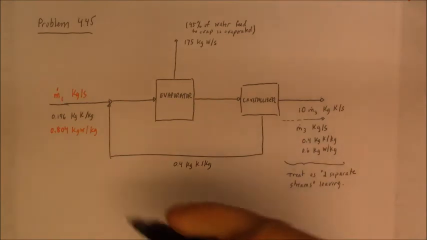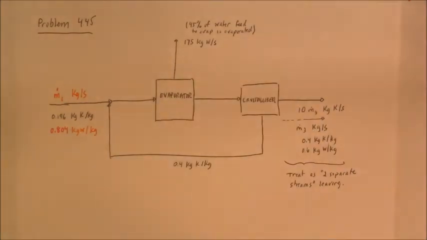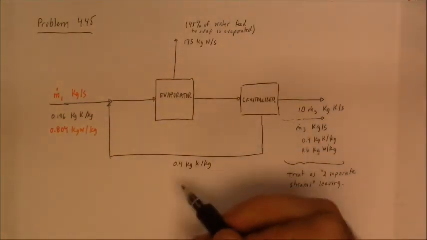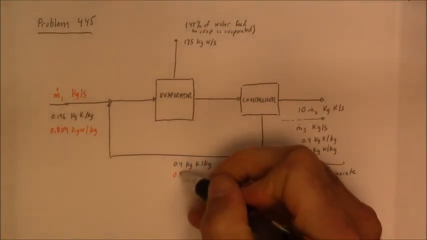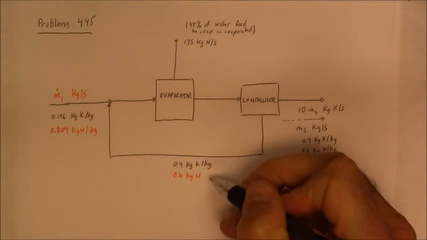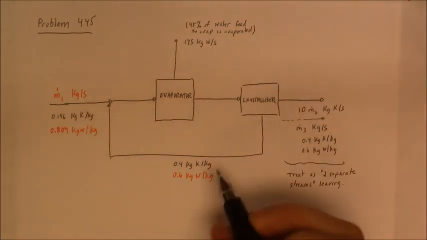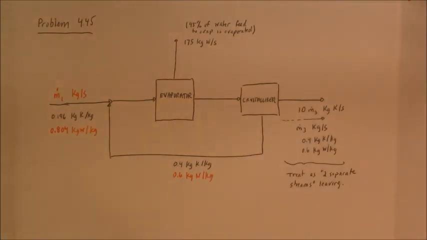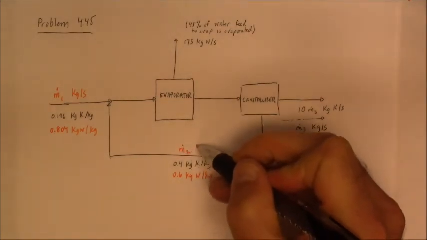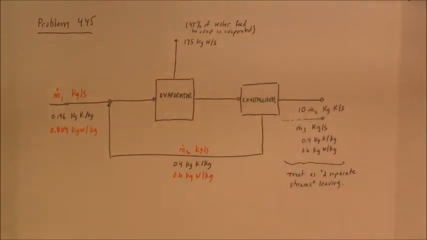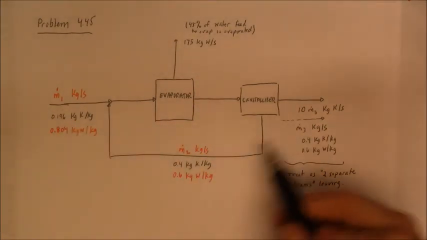We also don't yet know the exit stream M3. We're told it's 40% solids, so I can go ahead and label 0.6 kilogram water per kg, but this isn't necessarily known. We can call this M2 kg per second. So we have M1, M2, and M3.